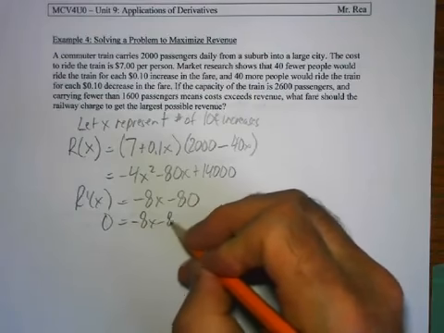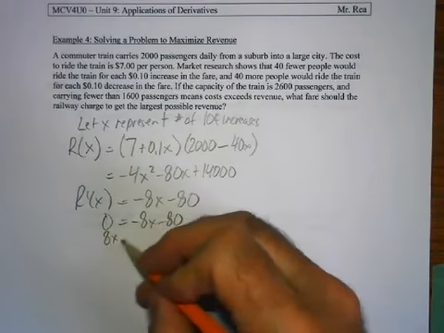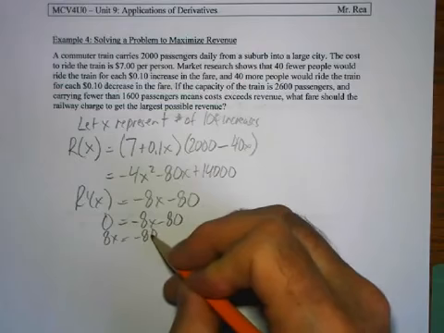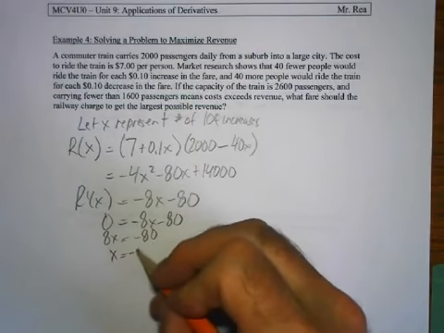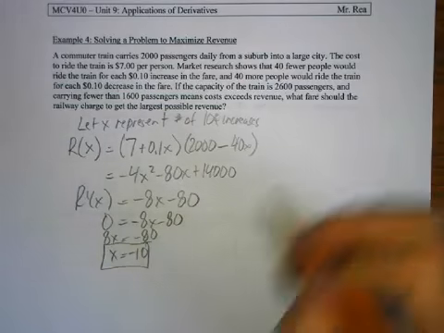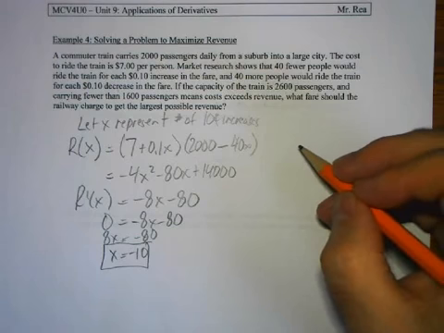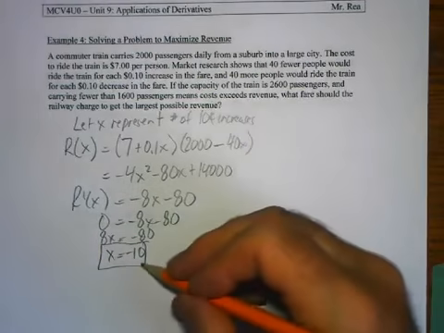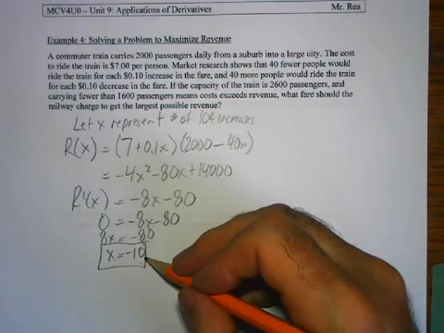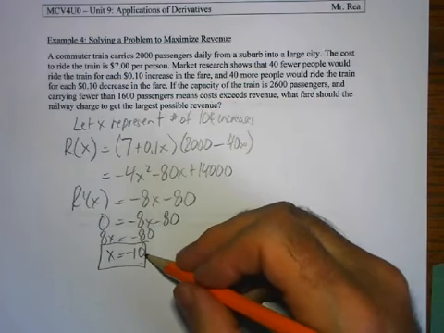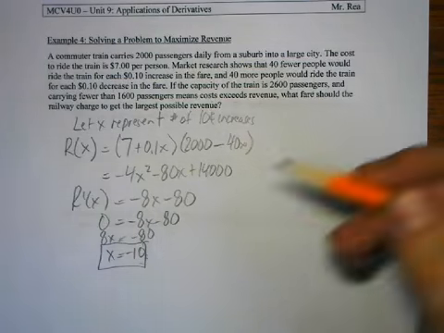So we get 8x equals negative 80, x is equal to negative 10. Okay, so that's the one and only critical point. That's most likely where the vertex is, but we're doing it a different way.